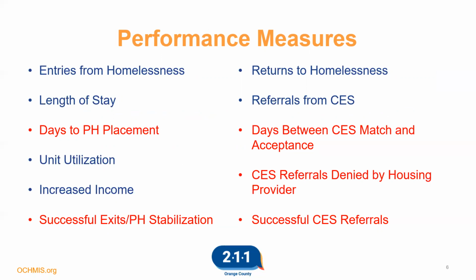So for each of the measures in red, you'll be able to see by race what the performance looks like. So we have days to permanent housing placement, days between coordinated match and acceptance, coordinated entry referrals denied by the housing provider, successful exits to permanent housing stabilization, and successful coordinated entry referrals.